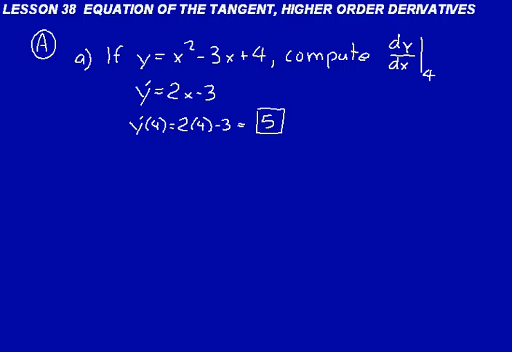Now to understand this a little bit more, let's graph this function that we have here. We'd have to get that in standard form for a parabola, and let's just rewrite that. We don't have to do all the calculations. It would be y equals (x minus 1.5) squared plus 2.25. So let's graph that.